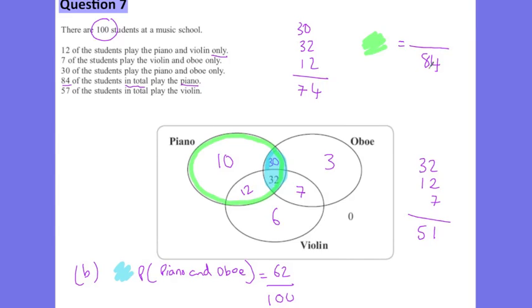Find the probability that this student also plays the violin. Where are the people that also play the violin? They're these people here. 12 plus 32. 44 over 84 is your answer to part C.